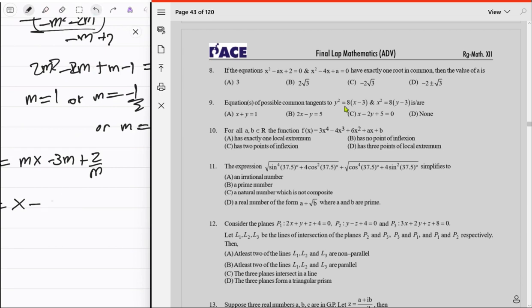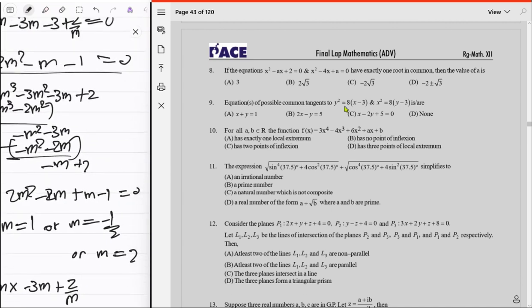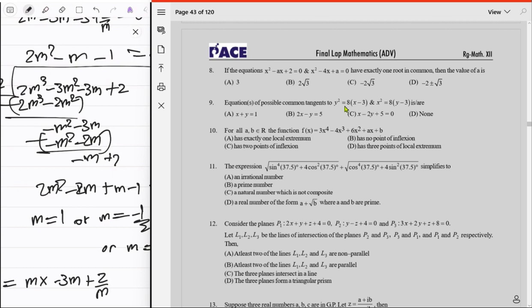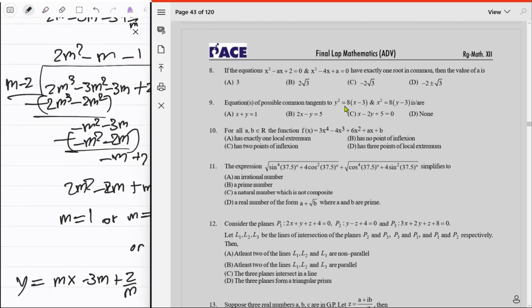So y equal to x minus 1, which is x minus y equal to 1, that works. Okay, wait a second. This was m equal to negative, okay, yeah. This was negative, right?